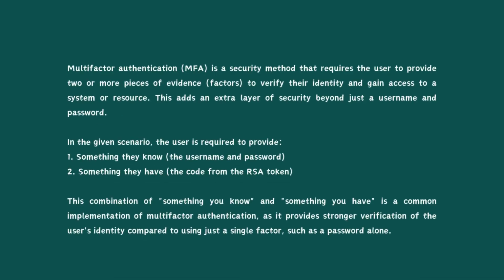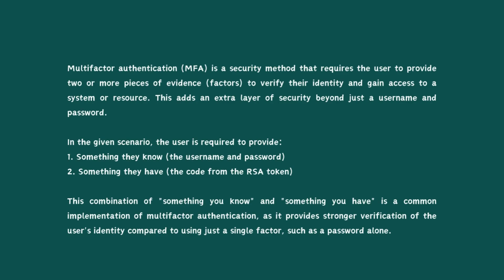Multi-factor authentication is a security method that requires the user to provide two or more pieces of evidence, or factors, to verify their identity and gain access to a system or resource. This adds an extra layer of security beyond just a username and password. In the given scenario, the user is required to provide: 1.